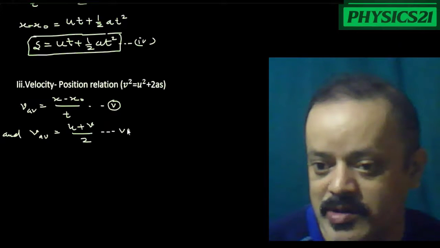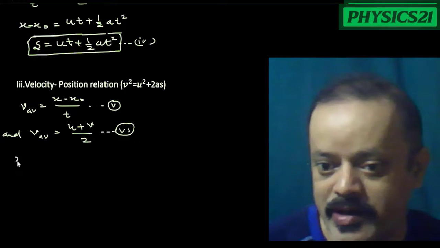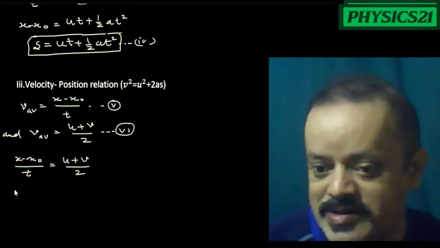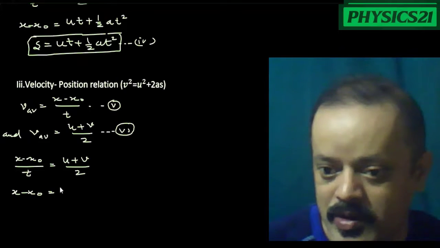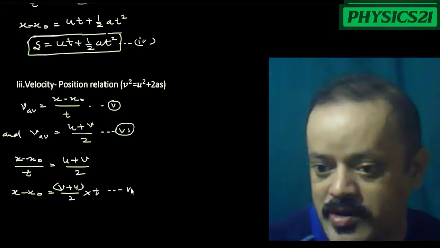Let this be equation 6. Now from 5 and 6 we can write x minus x naught divided by t equals u plus v divided by 2. In the next step we write x minus x naught equals v plus u divided by 2 multiplied by t. Let this be equation 7.